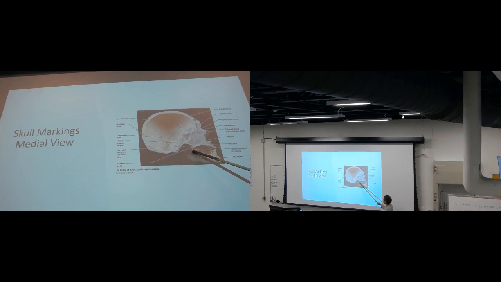So dentists numb this to extract teeth from the mandibular area. And then this is the internal acoustic meatus from the temporal. And this is part of the ethmoid, the perpendicular plate.